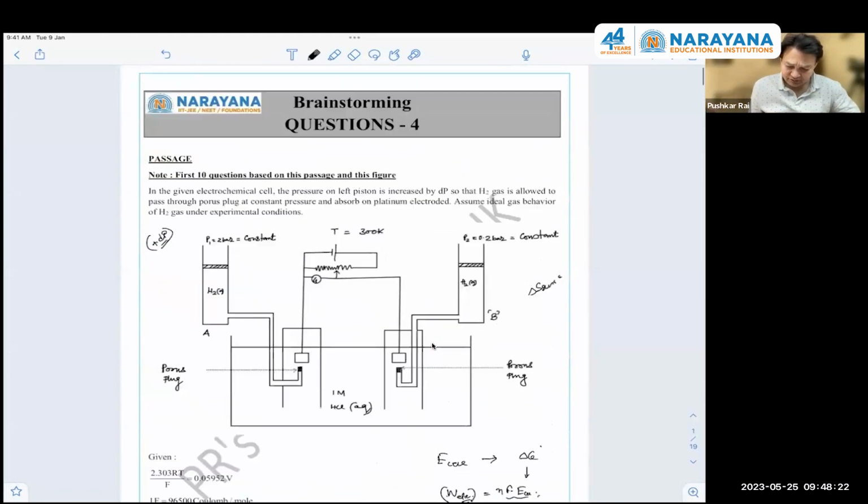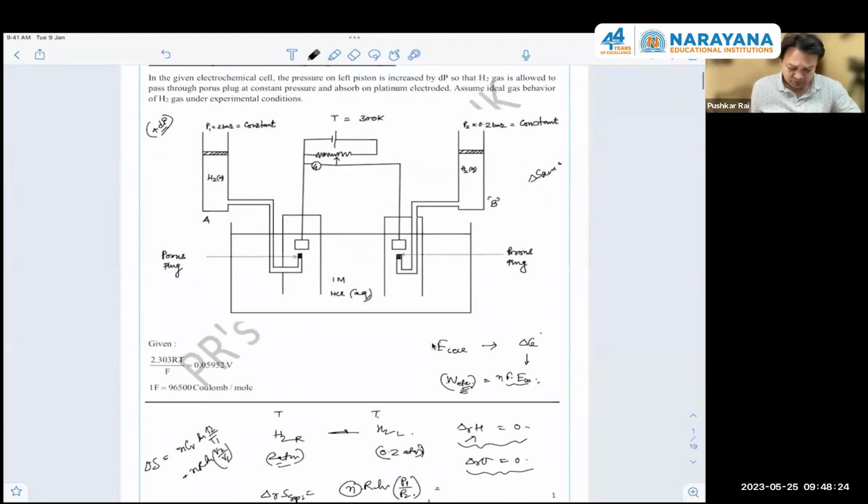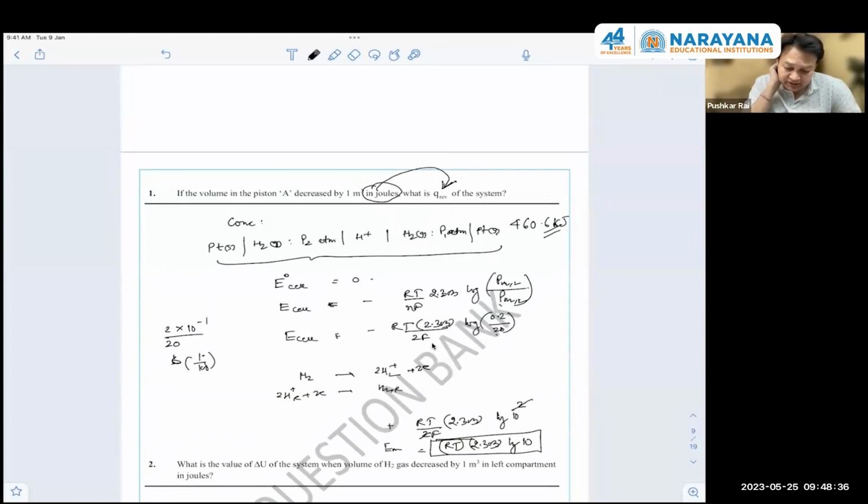Let us see in this question what parts we can do. If the volume of the piston A is decreased by 1 meter cube, in joules, what is the Q reversible of the system? Very controversial question. Q reversible of the system. There is no problem, because Q reversible is a hypothetical heat and we can relate it to delta S system, which equals Q reversible by T. Do you agree?